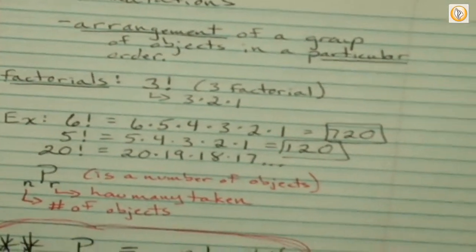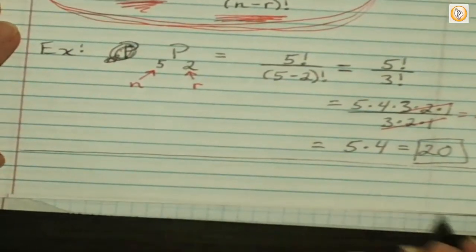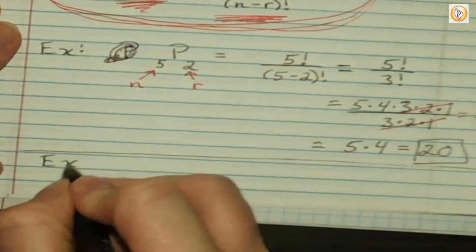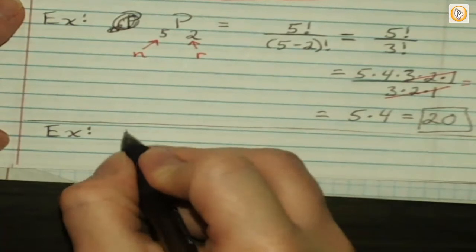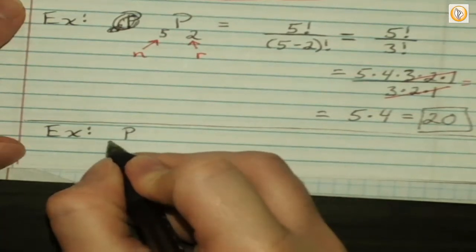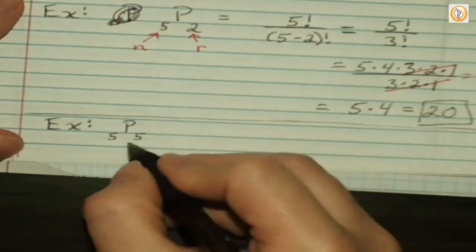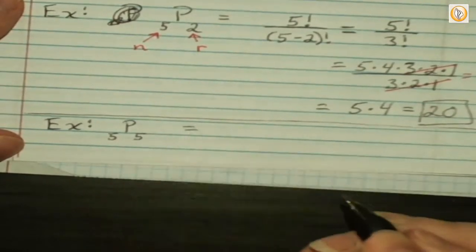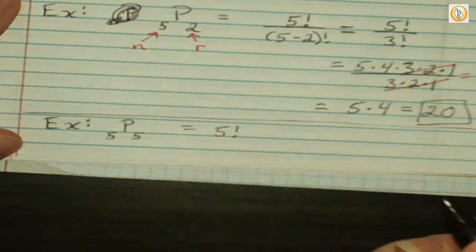Yes, permutations, P. Let's do one little example. If your N and your R are the same, it's just going to be that number factorial.